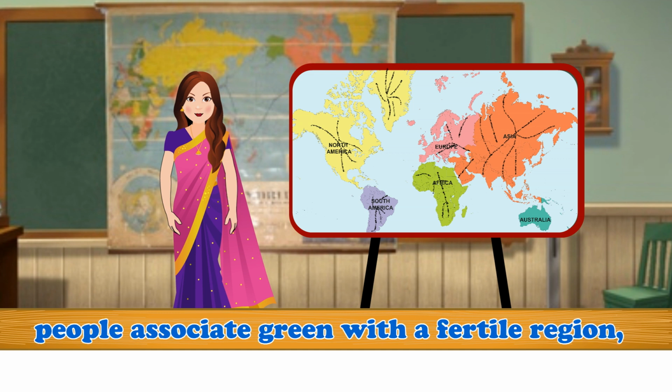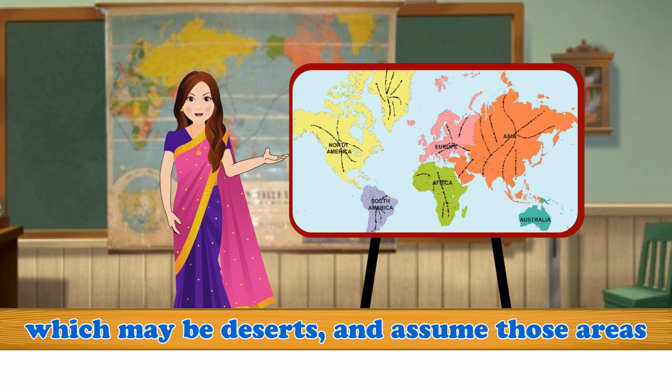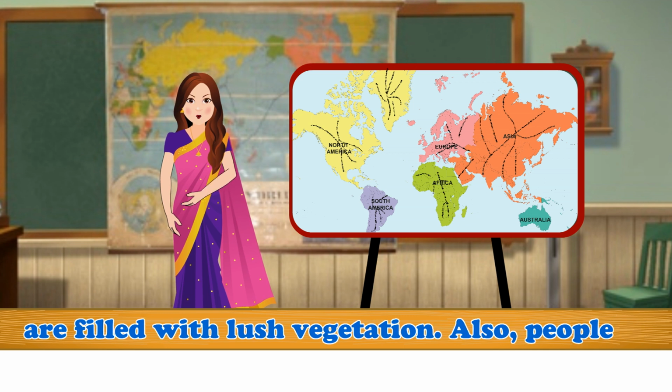Since many people associate green with a fertile region, many map users will see low elevations, which may be deserts, and assume those areas are filled with lush vegetation.